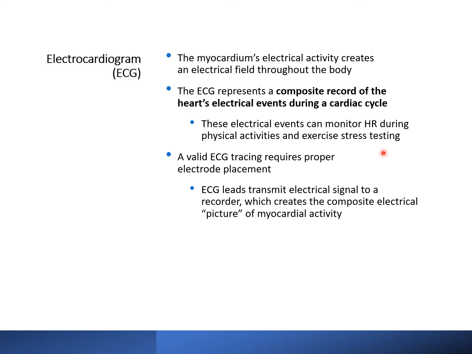That's not a super accurate ECG, but it gives you a sense of how heart rate reacts with each beat. A valid ECG tracing requires proper electrode placement. Typically you might see people who have different pads. If you've ever been in a hospital or you've ever seen people who have the electrodes on their chest, this is typically an ECG monitor.